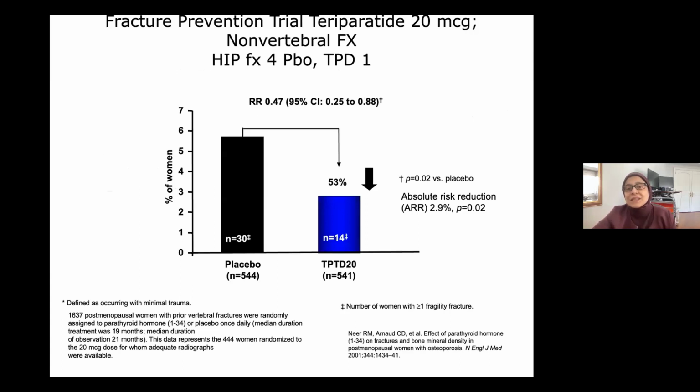What is the evidence then regarding the various treatment options that we have available? Teriparatide reduces vertebral and non-vertebral fractures, and we do have a meta-analysis confirming that it is effective in reducing hip fracture as well. Teriparatide is given for 2 years, 20 micrograms sub-Q daily.